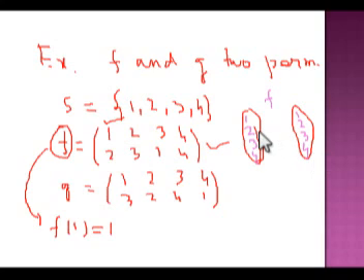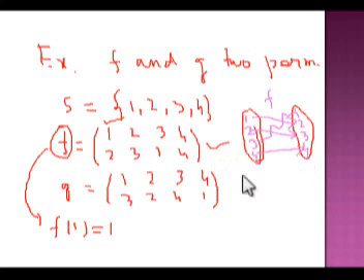So 1 is related with 2, 2 is related with 3, 3 is related with 1, and 4 is related with 4.